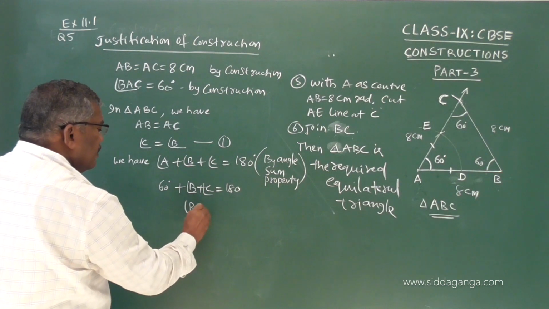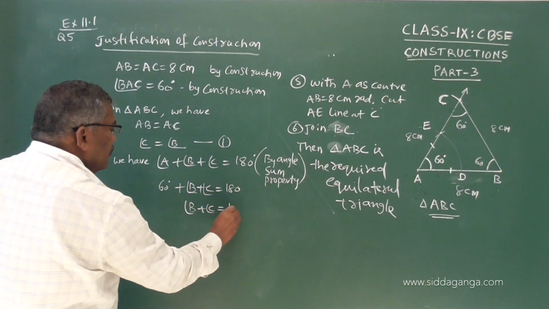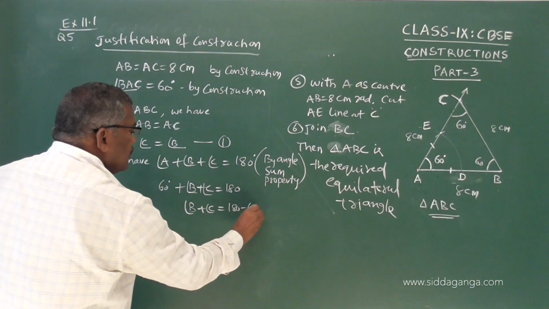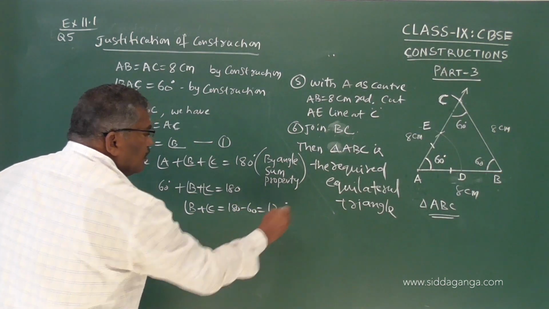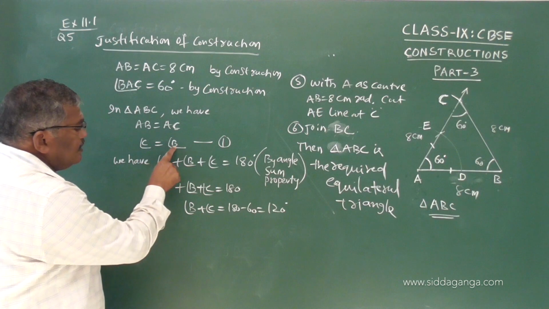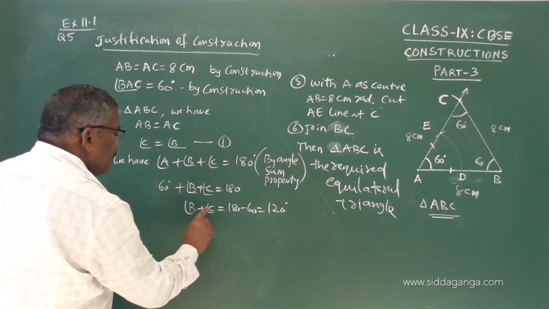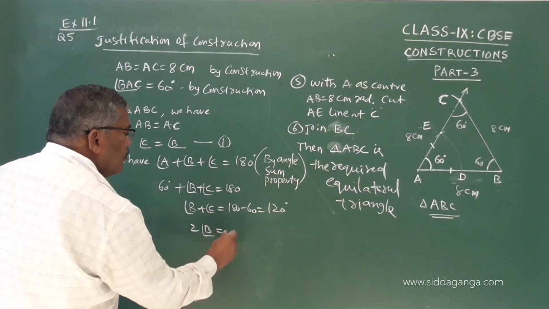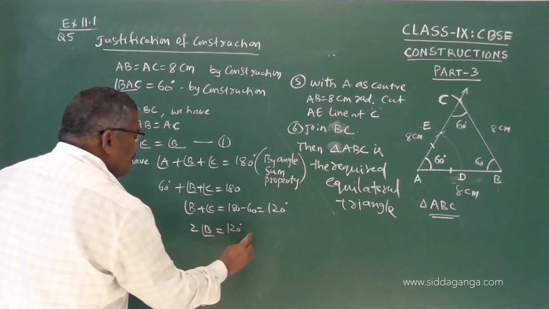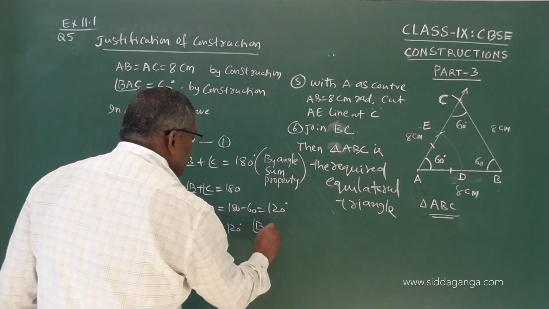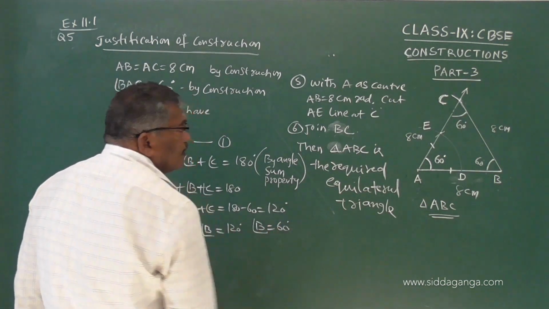B plus C is equal to 180 minus 60 is equal to 120. But B and C are equal. So B plus B, 2B is equal to 120, or angle B is equal to 60 degree.